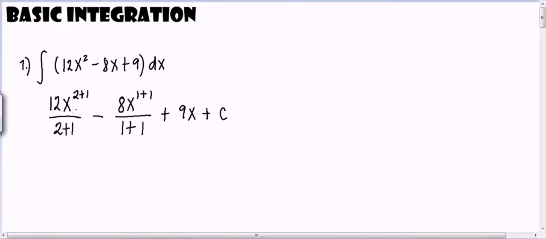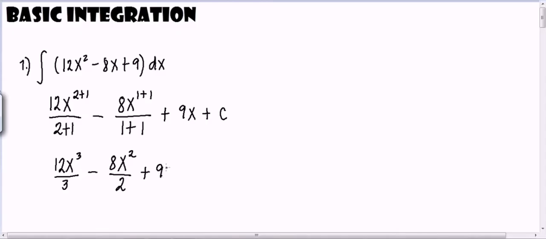Okay? And then, we will simplify this. So, this one would be 12x cubed. So, 2 plus 1 is cubed. Kung ano man yung exponent dyan sa taas, yun na yung exponent sa denominator. Yung number sa denominator. So, cube din to. 2 plus 1. Minus 8x, so 1 plus 1 is 2 over 2.